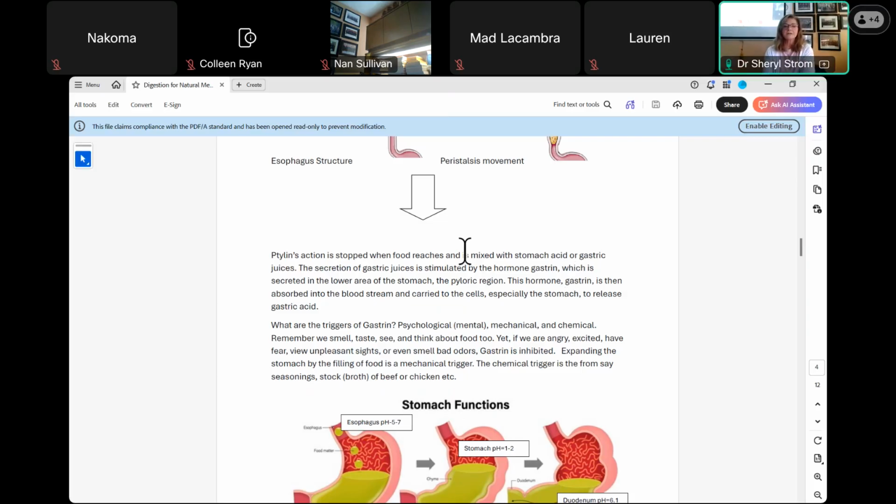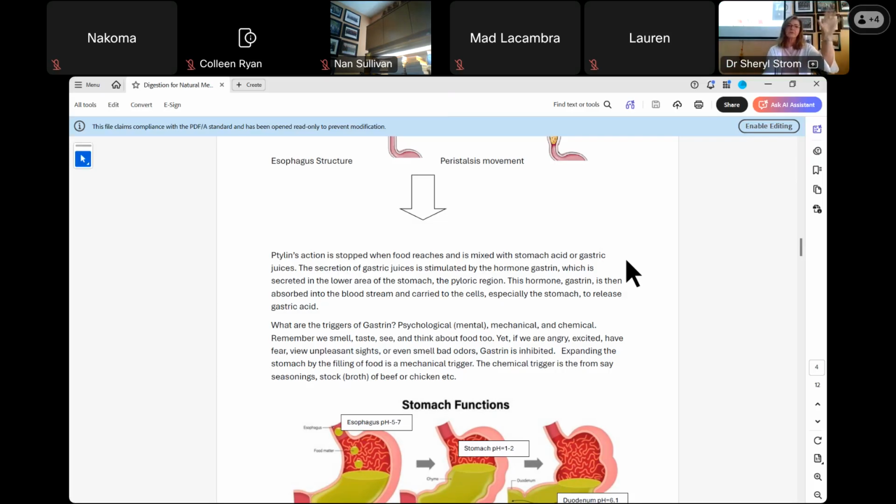Ptyalin's action, so this is one of the digestive enzymes, is stopped when food reaches and is mixed with stomach acid and gastric juices. So that chemical process is stopped. The secretion of gastric juices is stimulated by the hormone gastrin.